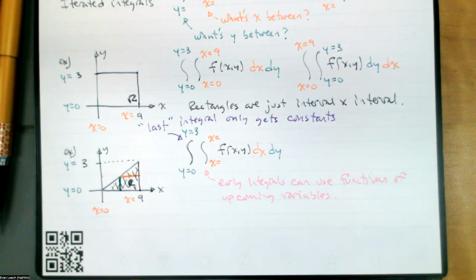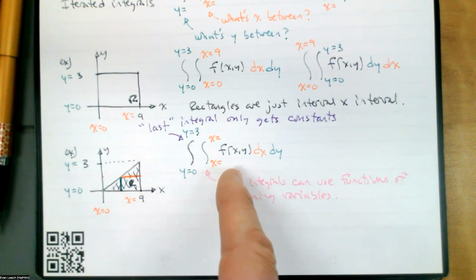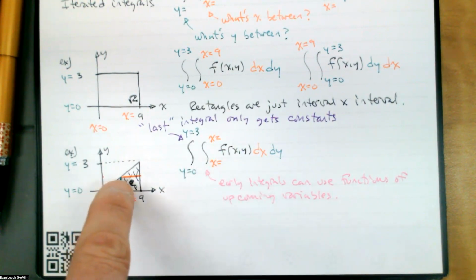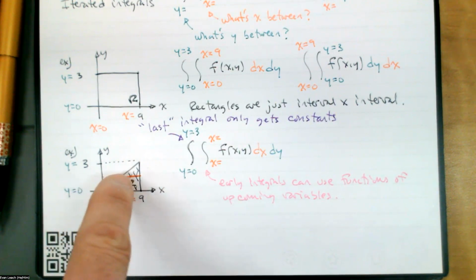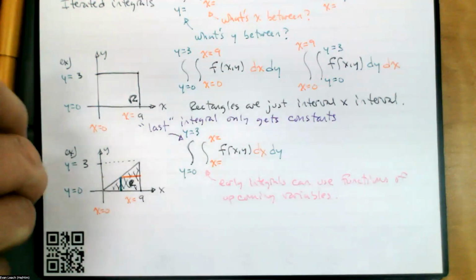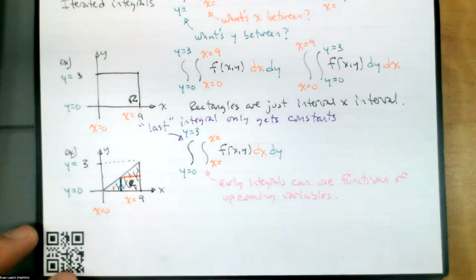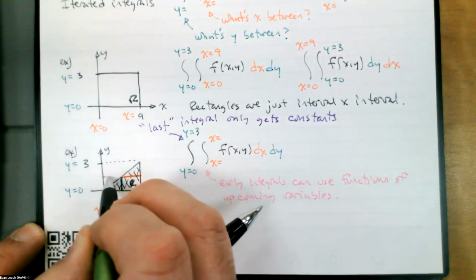What's y between? So for all the y's between 0 and 3, what is x between? X starts off at the line and ends at 9. So we pick a typical y value. Where does x start in the region? Where does x end in the region? So x starts at the line up here.